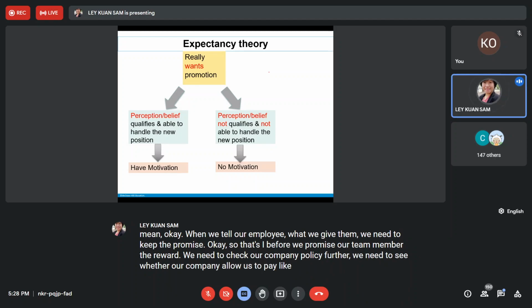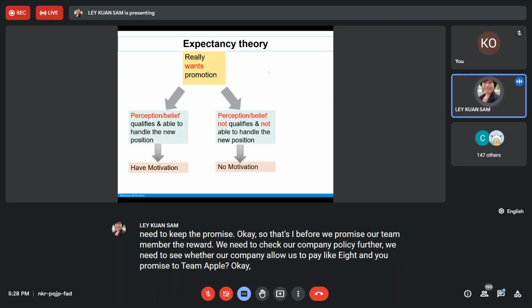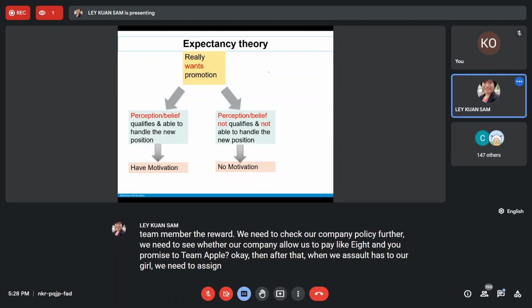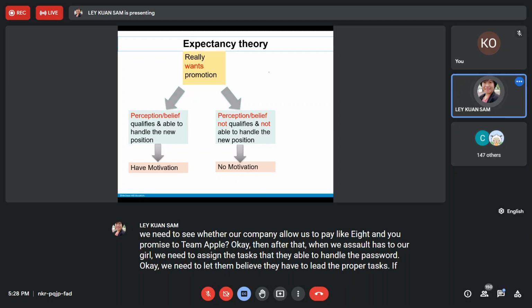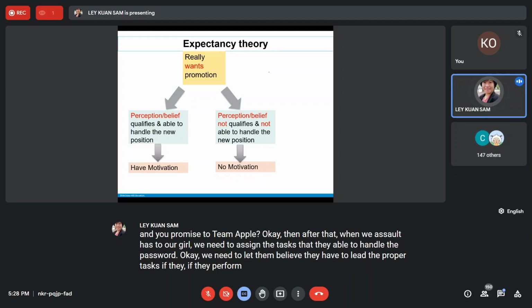Then you promise the team member. After that, when we assign tasks to our workers, we need to assign tasks that they are able to handle. We need to let them believe they have the ability to perform the task. If they perform well on the task, they can get the reward.